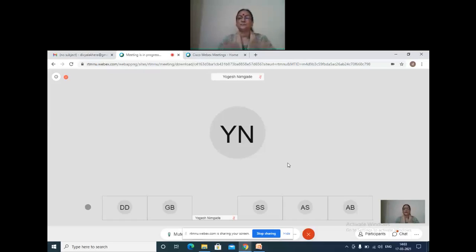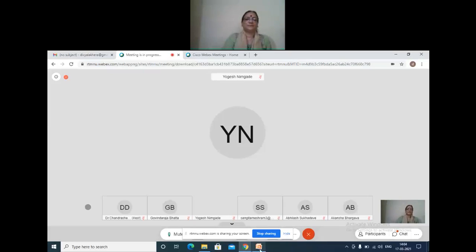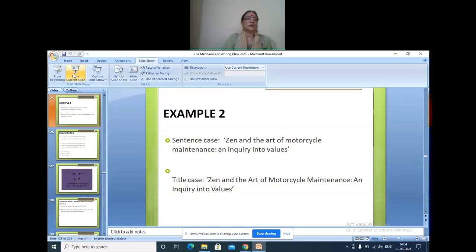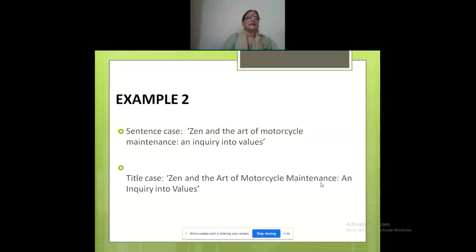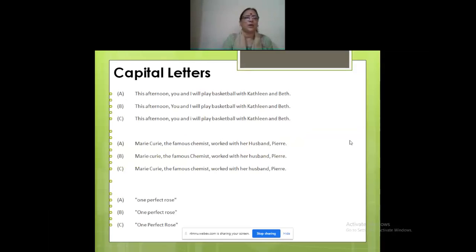And when it gives us power, it brings in more clarity in what we are doing. And then, of course, there are so many other factors. So I'm going to do a small exercise, which is very, very simple, on capital letters. You have to just tell me which one is the correct option. This is very simple.